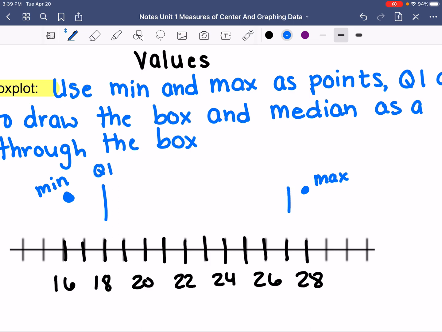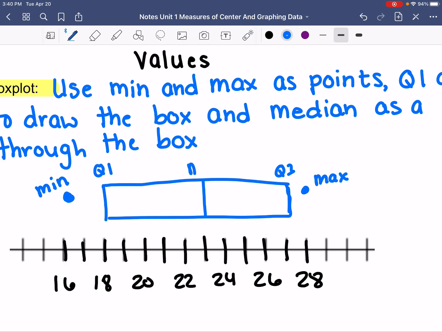Q3 was at 27, so at 18 and 27. And then I use those to draw the box. In the middle of the box, I'll have a line drawn through as the median. The median was right here at 23. So I just draw a line through my box at the number 23, and that's the median. And we just connect our little ends. Sometimes I call it a box and whiskers plot.